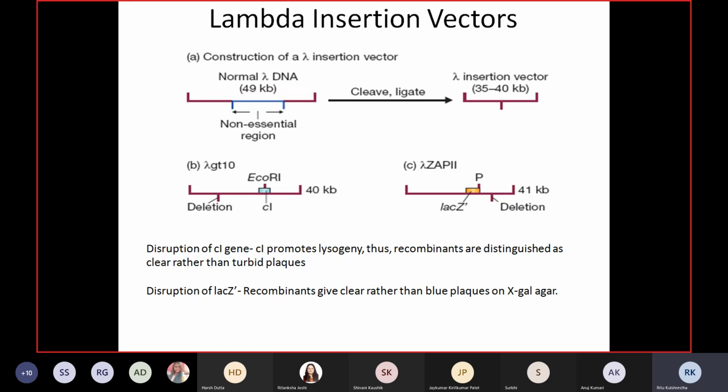So what you see are turbid plaques, but not clear plaques. But if your gene of interest has been cloned here, then the cI gene will be disrupted, and like I told you, insertional inactivation is the term I used last time. Because it is disrupted, we will get clear plaques for the recombinants and turbid plaques for the non-recombinants. So this is how these lambda insertion vectors have been developed.